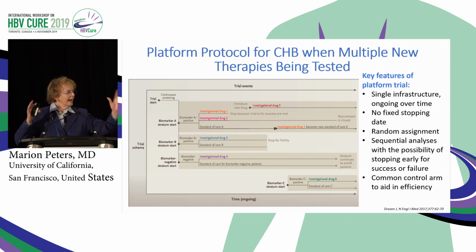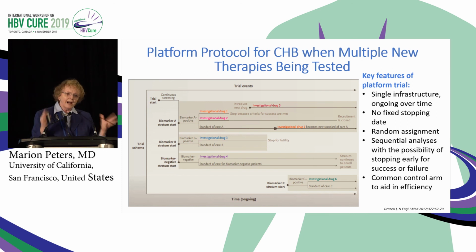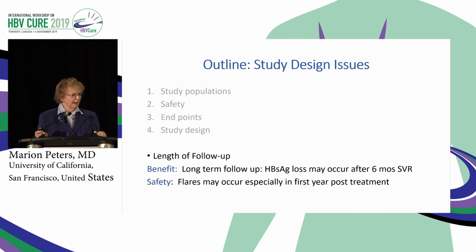So if you're MD Anderson and large, big cancer centers, you come together, you get the companies to give you the drugs, and you throw them into platform, and you go 1, 2, 3, 4, 5, and even down to 6. But for us to do it, it won't be one company that can do a platform trial. Will it be the NIH? Will it be academic groups? Will it be the HBV Forum? I think this is a big question that nobody's talking about.